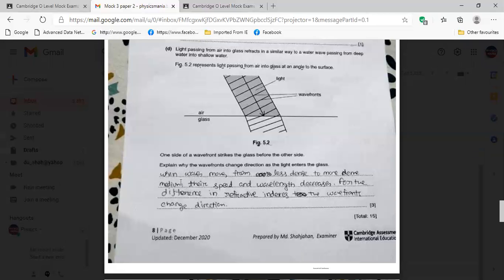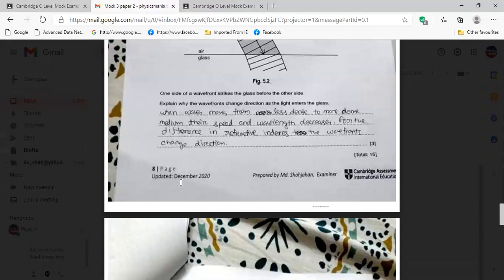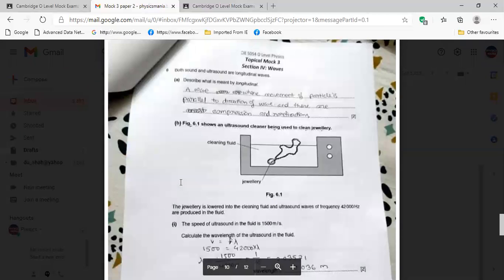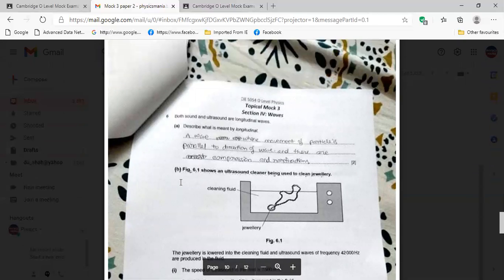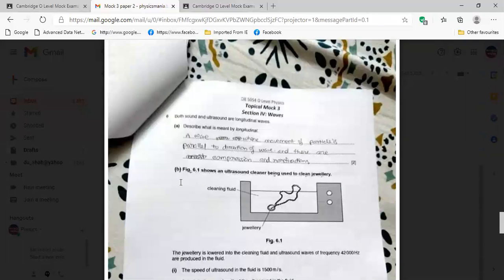Yes, because of the speed changing, that is also accepted. You are saying refractive index changes. Okay, you wrote about the speed and wavelength before. So we are accepting.